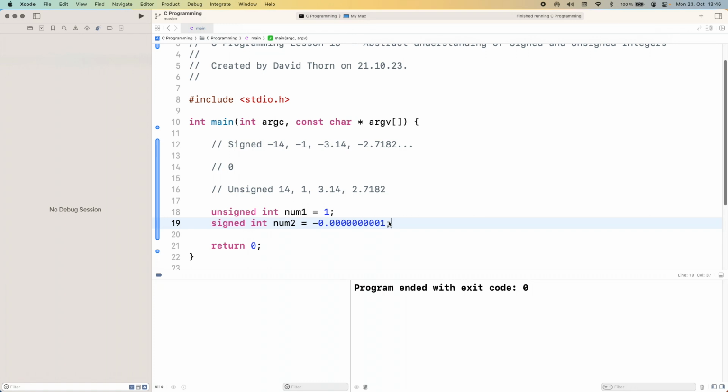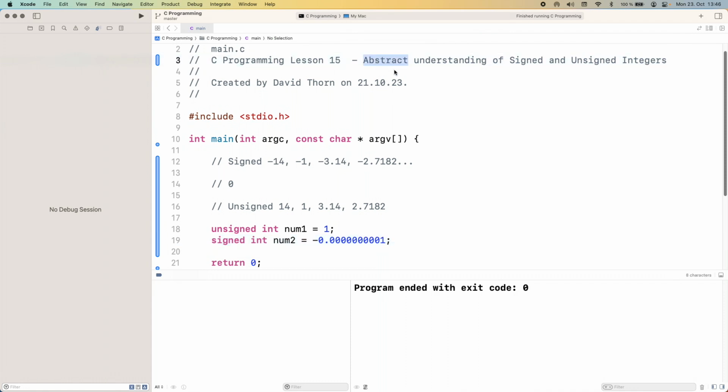Because the abstract part of it is that programming sits on top of mathematics really, and mathematics sits on top of number theory and set theory and so on, and there's a lot more, like real analysis and stuff. It sits on top of that, and it goes back to the days where they didn't really call it maths anymore. So it's a really good way of trying to understand this.